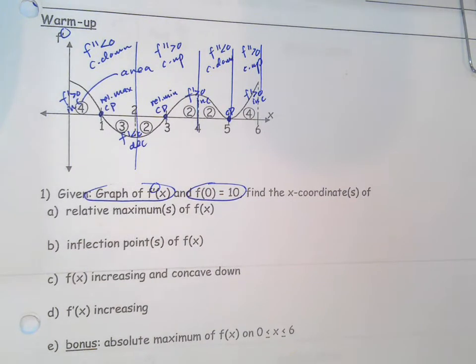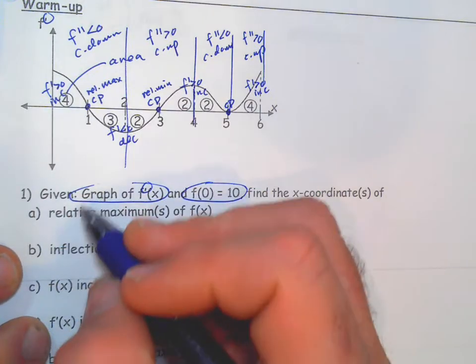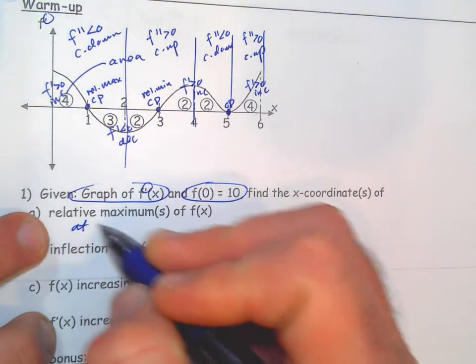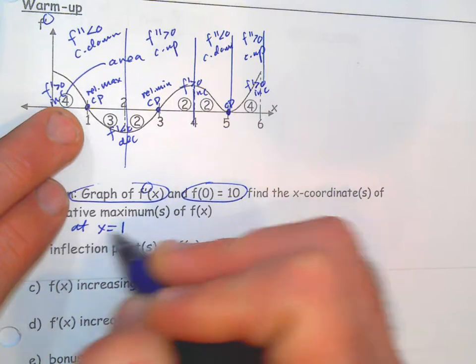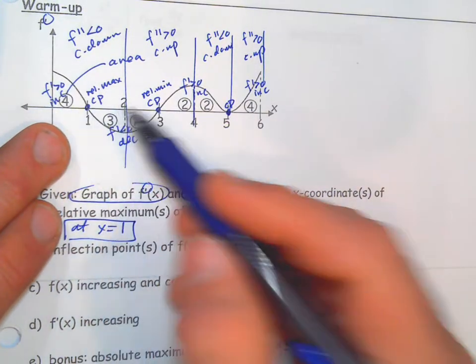So, relative maximum or maximums. There's a relative maximum at x equals 1, because you get a positive slope to a negative slope through a critical point.